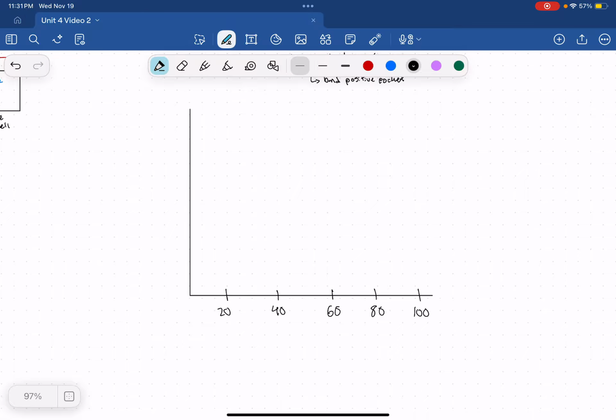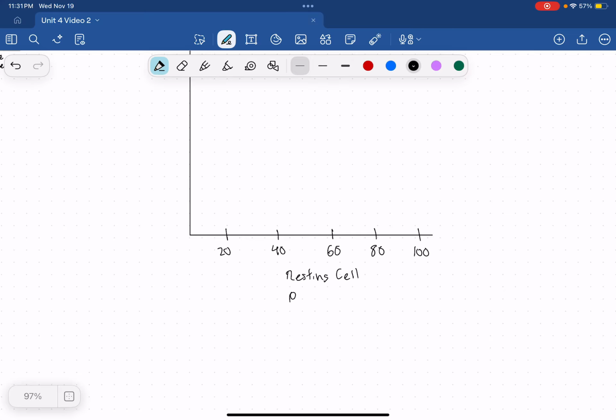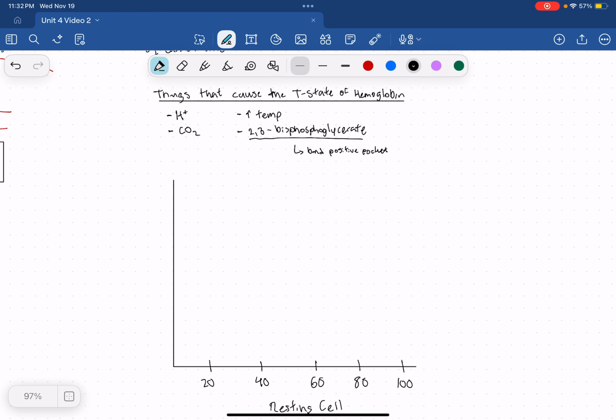So this is our resting cell. Its PO2 value in millimeters of mercury. And then over here on this side, let's associate some values. 10.